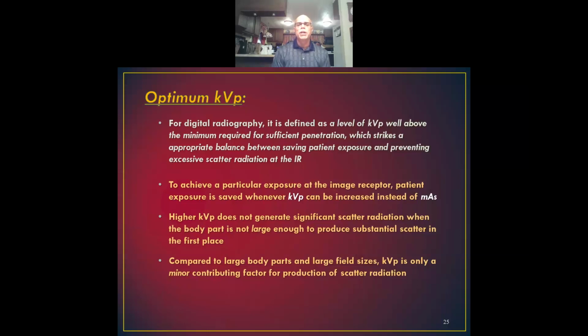To achieve a particular exposure at the image plate receptor, patient exposure is saved whenever kVp can be increased instead of mAs. Higher kVp is better for our patients instead of increasing our mAs to get a larger exposure. Why is that so?